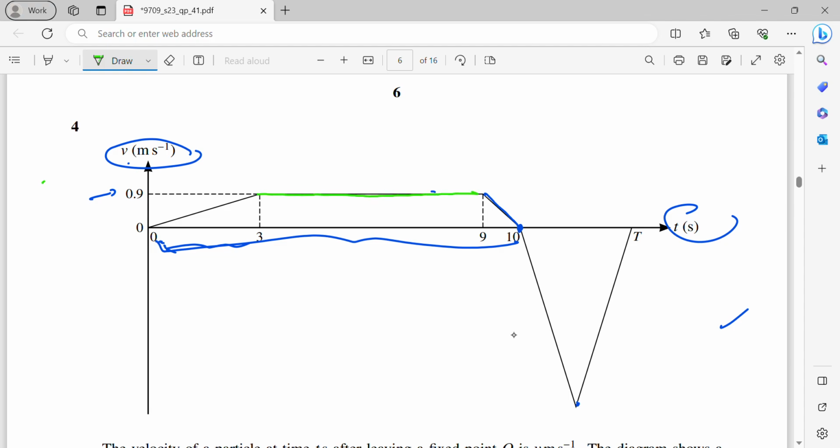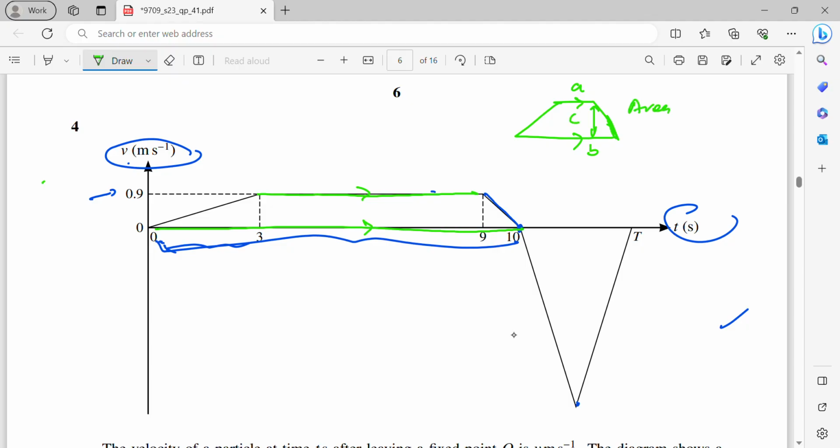These two green lines are the parallel sides. Let's say this is a trapezium, these two are parallel sides, and let this be A, this is B, and then the height is C.